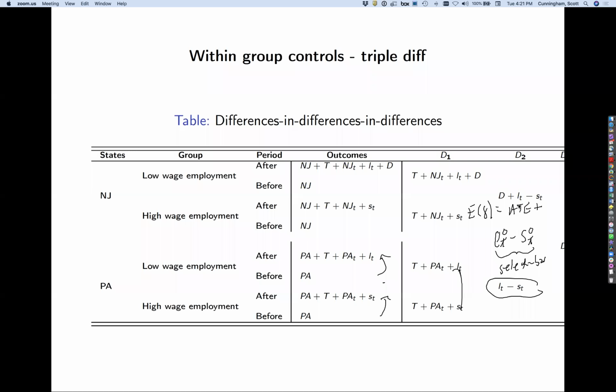And again, you could do a triple diff looking at the event study to see what it's like in the pre-treatment period, but you would still have to be making more assumptions. So thank you, Sebastian. When you do that, and assuming that it is the same, then this will cancel out and this will cancel out, and you'll be left with the average treatment effect, or the average treatment on the treated, technically.